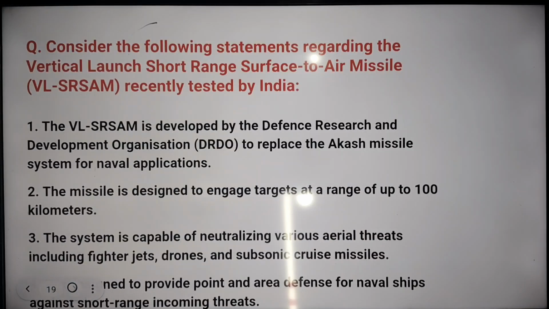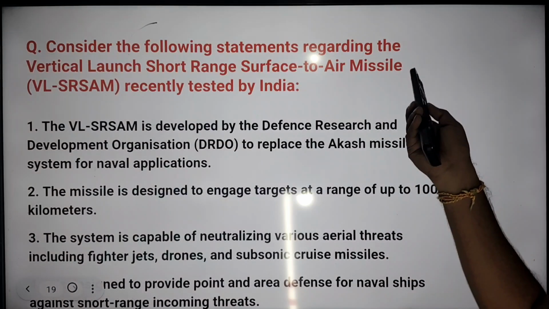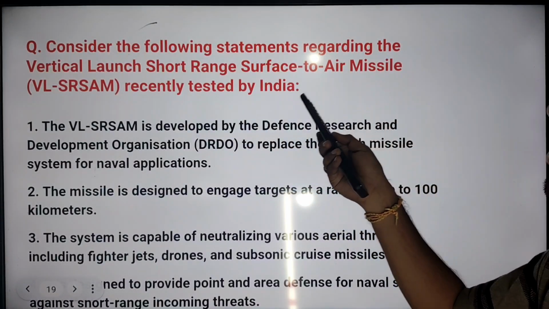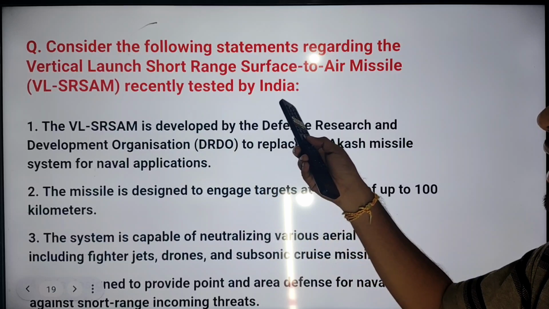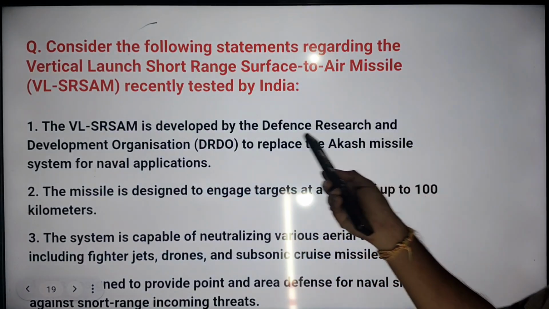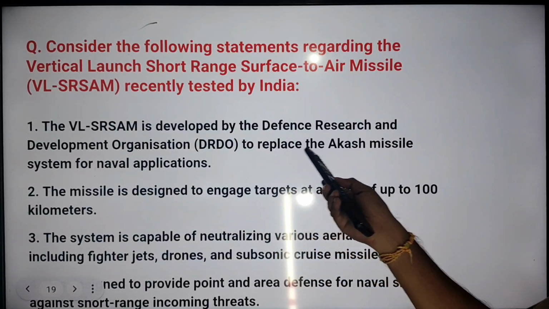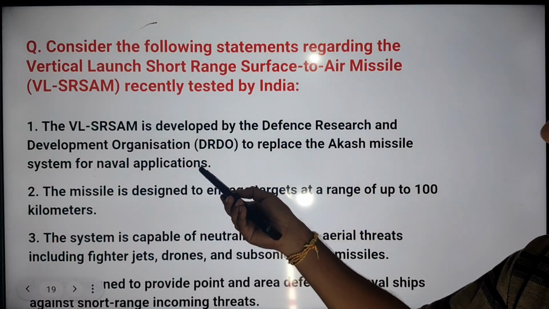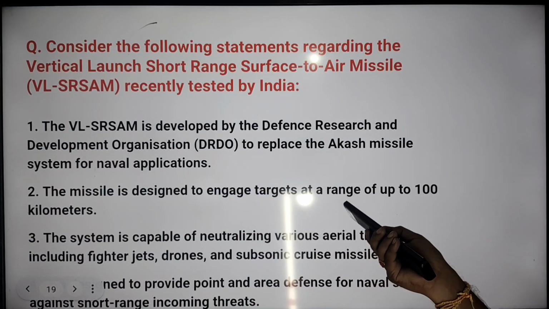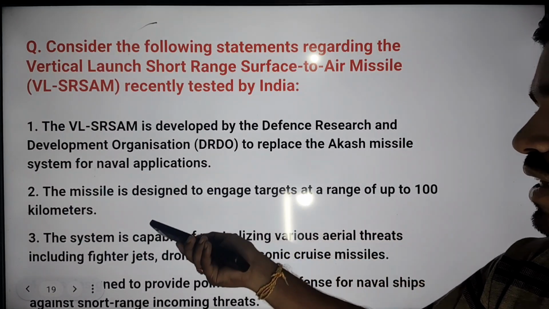Next question, consider the following statements regarding the vertical launch short range surface to air missile recently tested by India. The VLSR-SAM is developed by Defence Research and Development Organisation to replace the Akash missile system for naval applications. The missile is designed to engage targets at a range of up to 100 kilometers.